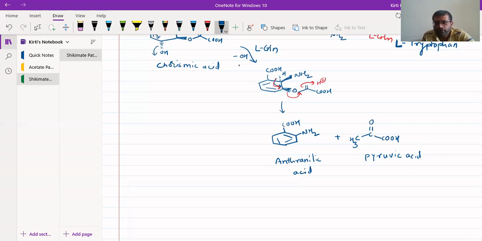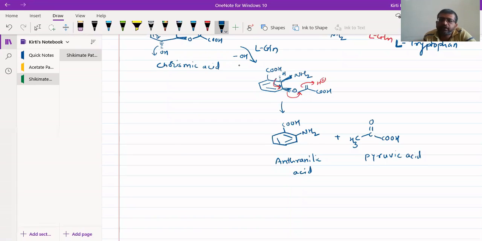Chorismic acid is first converted into anthranilic acid via amination by using L-glutamine, and loss of hydroxyl group will be giving us this beta amino acid. Here this is the alpha carbon, and this is the beta carbon possessing the amine group. Now this again undergoes an aromatization reaction with the loss of pyruvic acid to give us anthranilic acid.